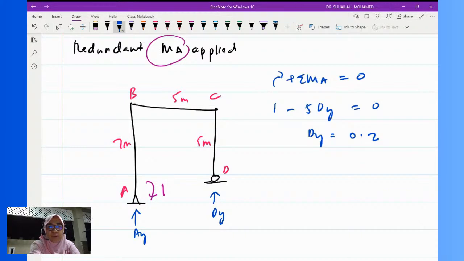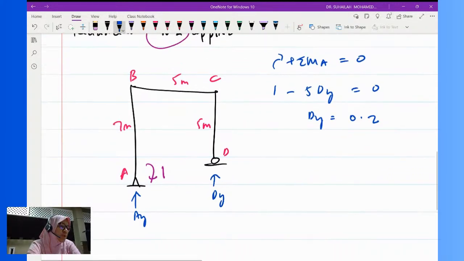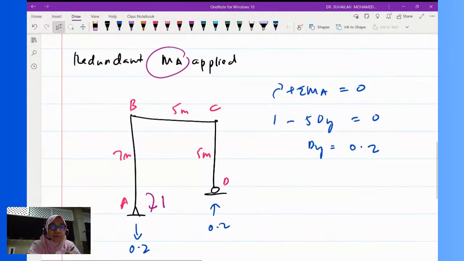So the other one, AY, will be negative 0.2. This is primary, this is redundant, not primary. This is redundant MA applied.